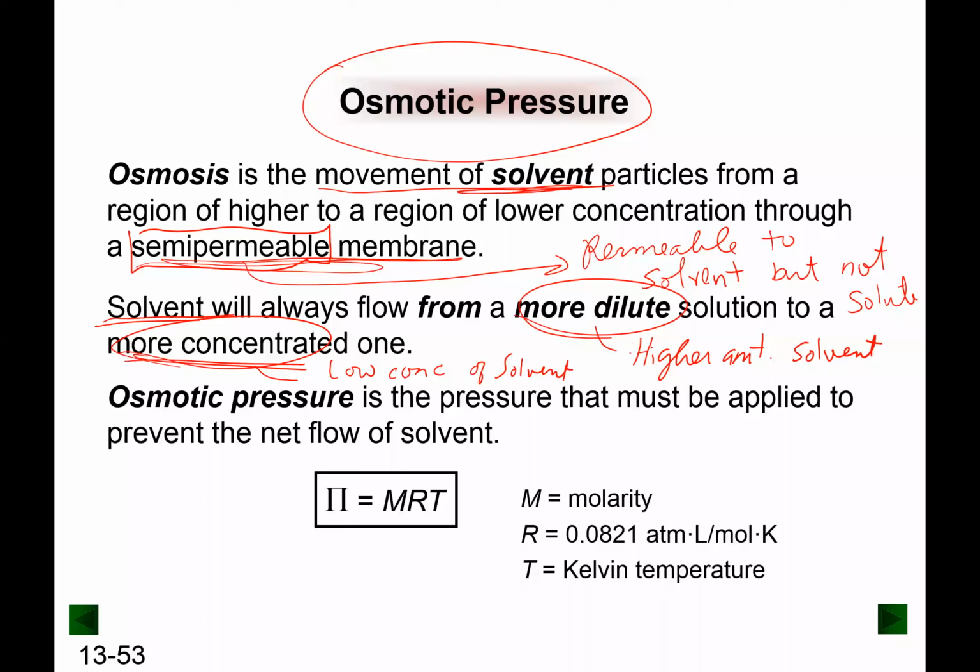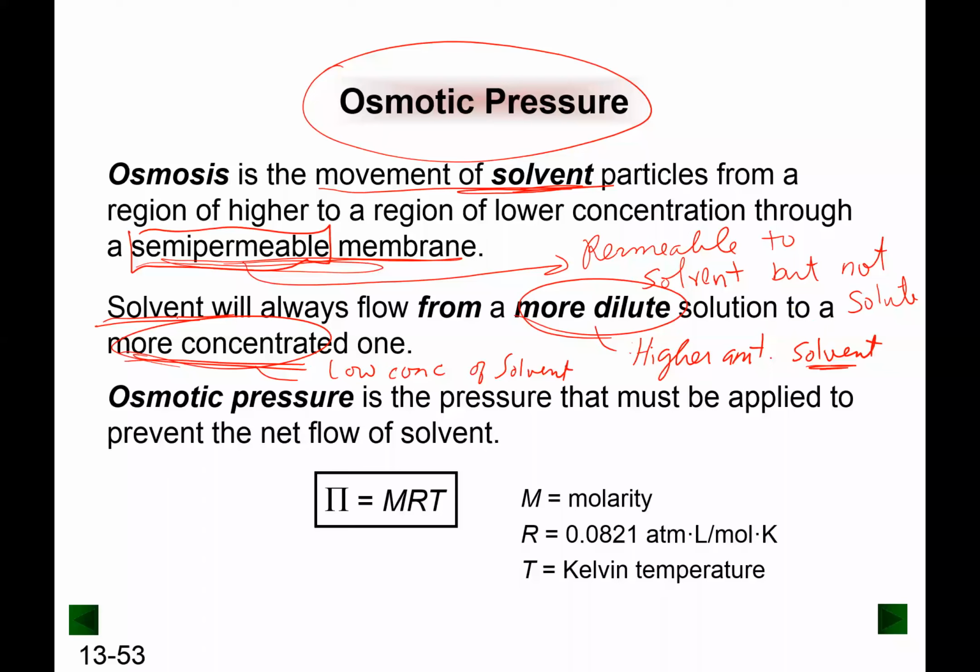So this may seem a little counterintuitive when we start to think about it, but really it's not. The solvent is the only thing that can move through the membrane, and it is actually flowing from a higher solvent concentration, not solute, solvent concentration, to a low solvent concentration.